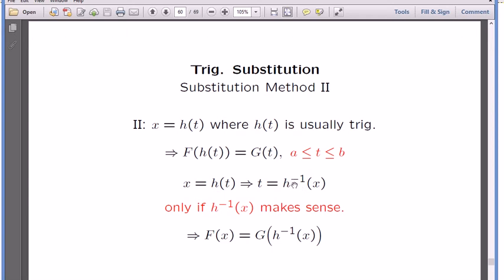Okay? You know inverse is not the same as reciprocal, right? Think about x equals t squared. Your answer is not t equals 1 over x squared, right? So inverse is square root, not reciprocal. So if you can inverse it, then you're going to put it in there. But all those we're saying is trigonometric substitution, right? These are all x equals sine t, x equals secant t, x equals tangent t.